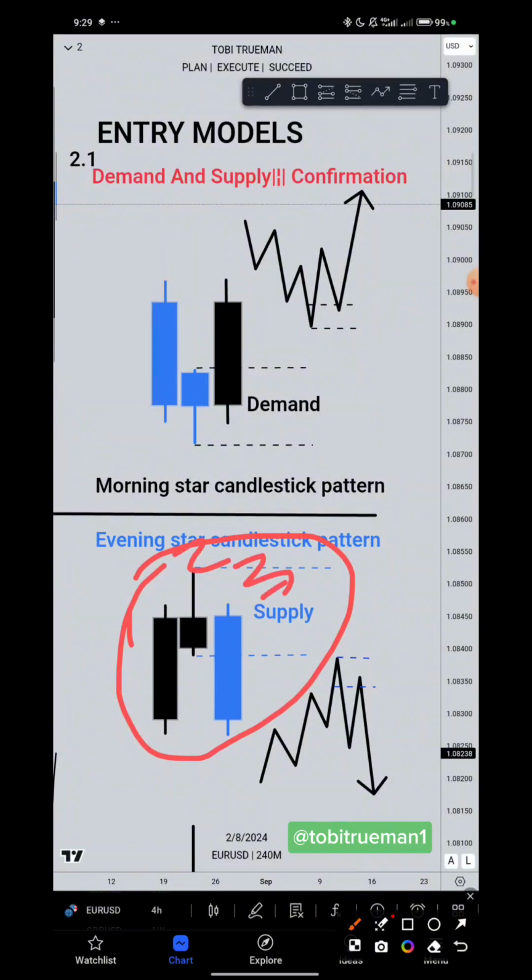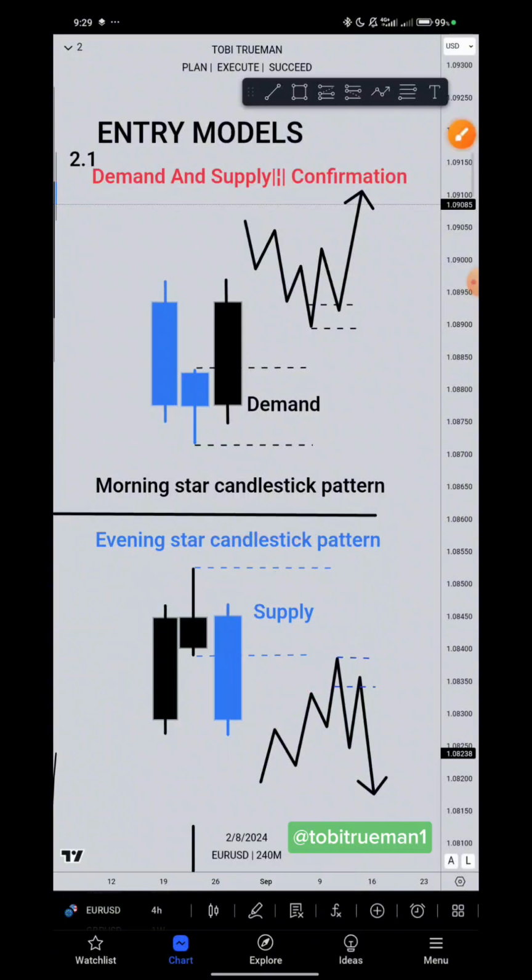When we look to the left-hand side, the wick of candlestick 1 is below the wick of candlestick 2. Then candlestick 3, the wick is also below the wick of candlestick 2. For us to enter the signal, we will have to take the high point and the low point of candlestick 2. That will be our entry to go along the trade. I'm just trying to explain demand and supply here.